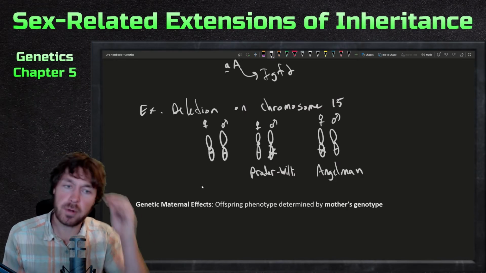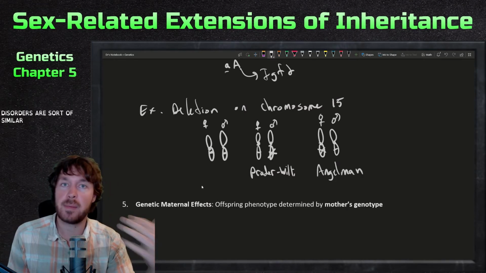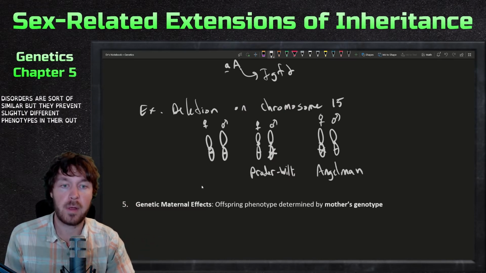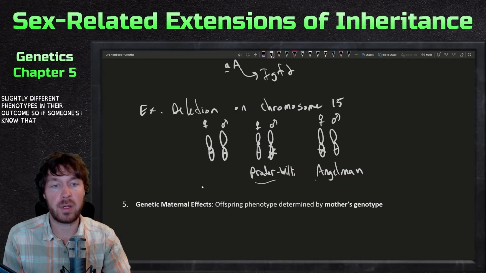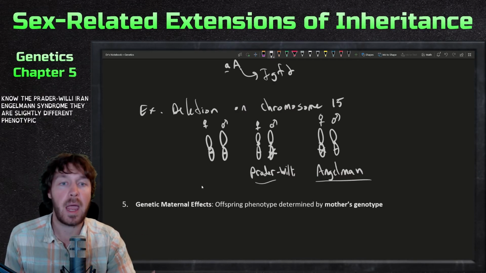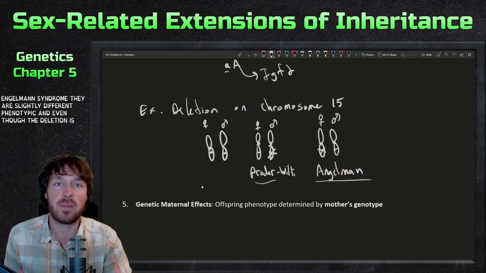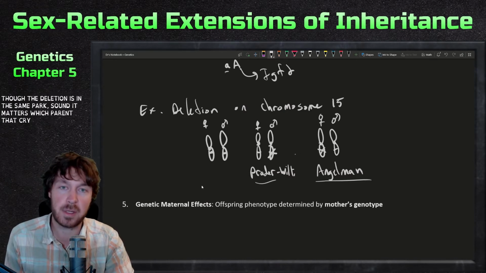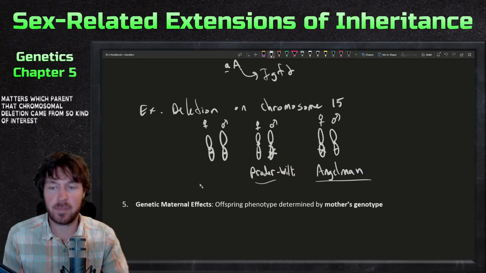Now, these disorders are sort of similar, but they present slightly different phenotypes in their outcome. So if someone's diagnosed with Prader-Willi or Angelman syndrome, they are slightly different phenotypically. And even though the deletion is in the same part of the chromosome, it matters which parent that chromosomal deletion came from. So kind of interesting there.